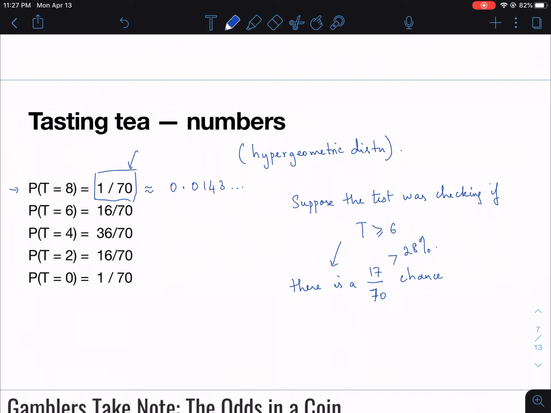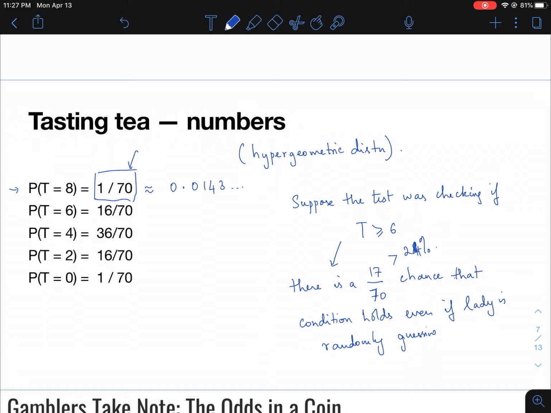You should check this, but I think that's what it comes to. So there's more than a 24% chance that this condition holds even if the lady is randomly guessing.